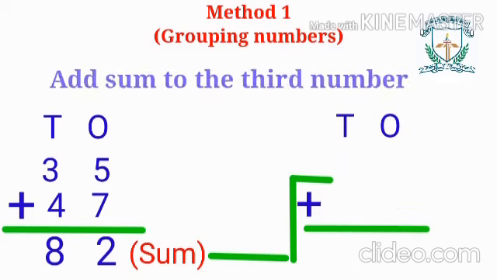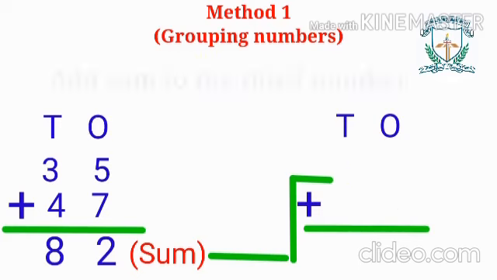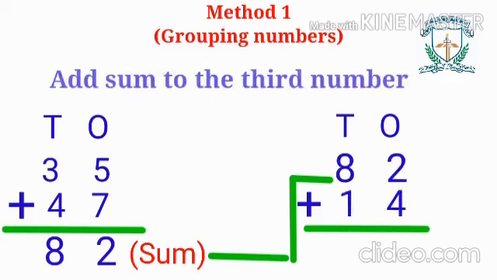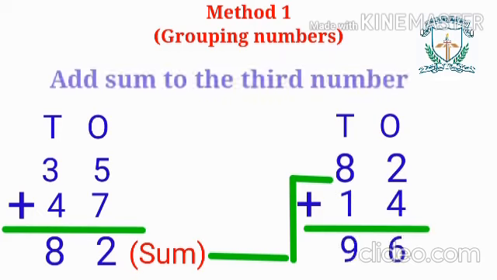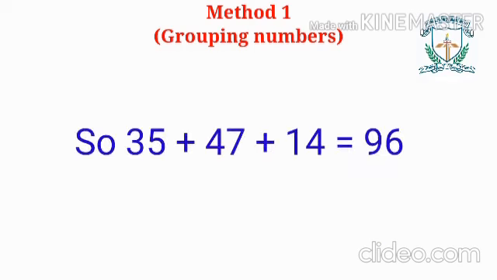When we add 82 and 14, we get the final answer, that is 96. So, 35 plus 47 plus 14 is equal to 96.